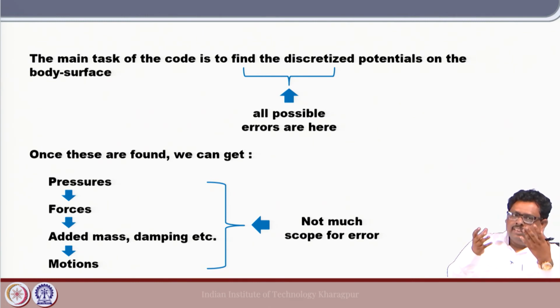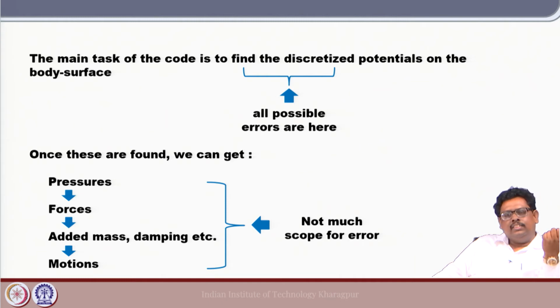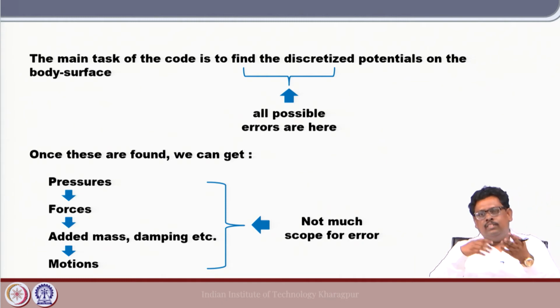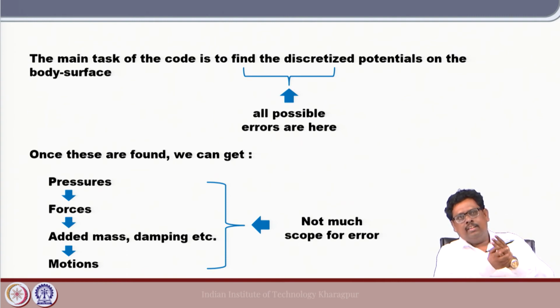And once you get A_ij and B_ij, the motion, since it is in the frequency domain, you do not even have to do a time marching algorithm. That is also not required. Again, an analytic expression is there to get the motions, and once you get the motions, since we have always assumed it is harmonic, i omega multiplied by the motion gives you the velocity.